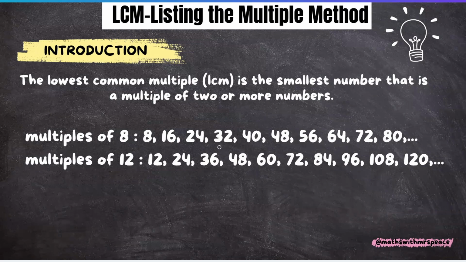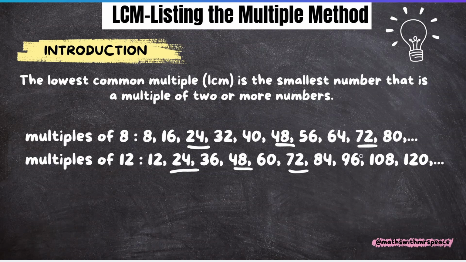The first common multiple between the both of them is 24, and just like we did in our lesson on common multiples, the next one will be 48, and the next one will be 72. I think that's as much as we have from the multiples on our screen.